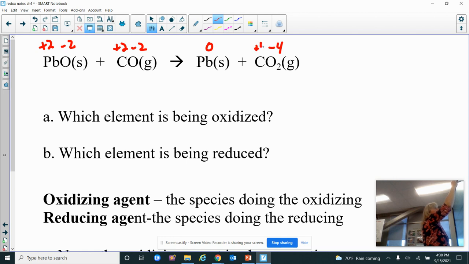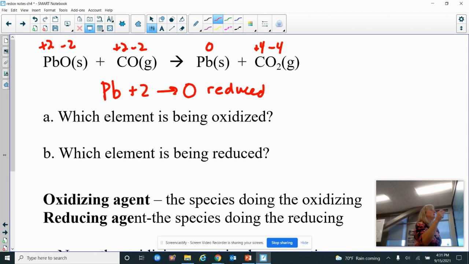That makes the carbon +4. So the lead starts off as +2, but is going to 0. So is it getting more positive? No, it's getting less positive or more negative. So it had to be reduced. It's gaining electrons to get less positive.